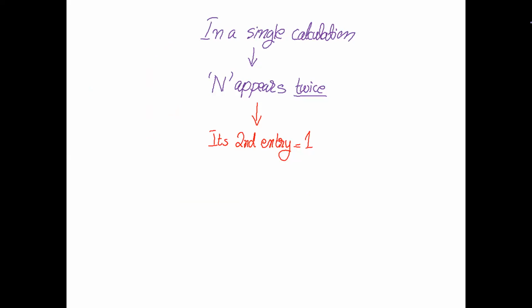This is the concept here, that when you are solving a numerical question, and N appears twice, you put N once, whatever N is there, suppose 200 or 400.